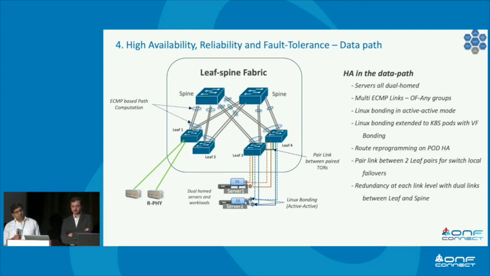So that pair link takes the traffic for only that server through local recovery. You don't have to change programming everywhere else in the network. Everywhere else thinks, okay, that's just fine, I'm just going to send my traffic to both of them. But locally, we handle the failure of one of these. So it's to reduce churn in the network.